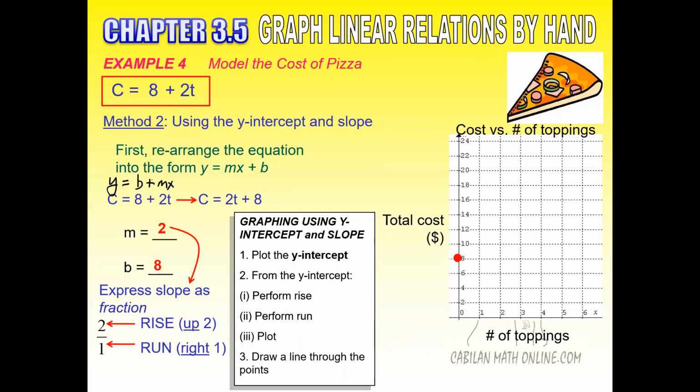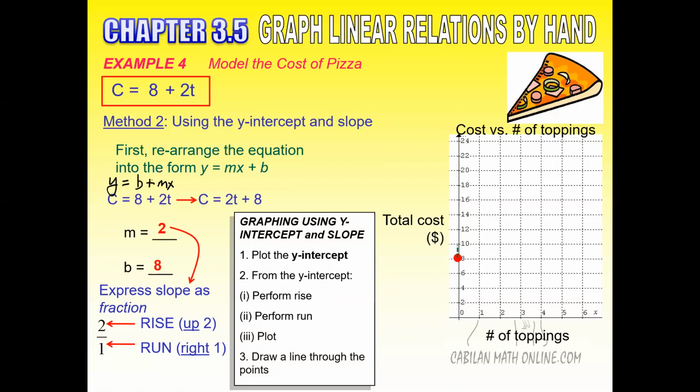Now, this is the part I want you to pay very, very close attention to. When you're plotting the second point, you have to look at the numbers on the left side for the total cost. So we're not going to count 2 spots up. We're just going to understand that each box represents 2. So from the y-intercept, we're only going to go up 1 box.